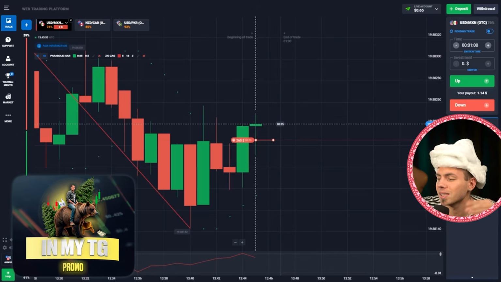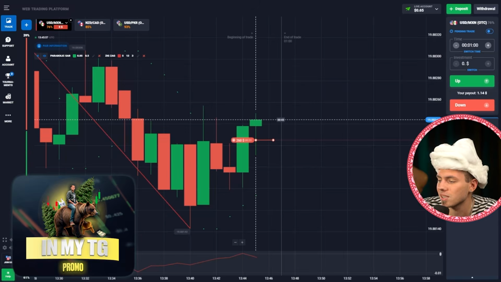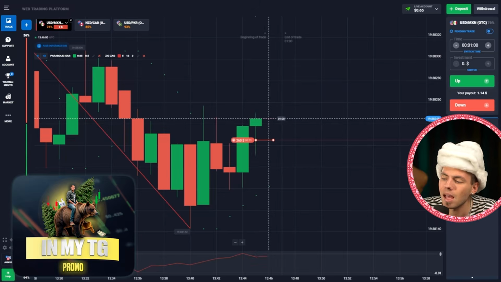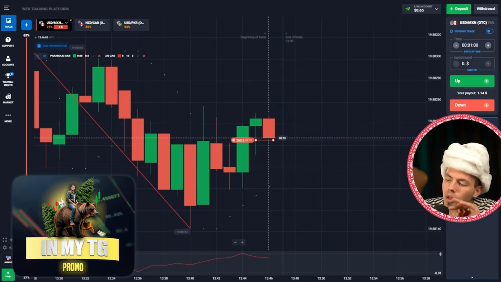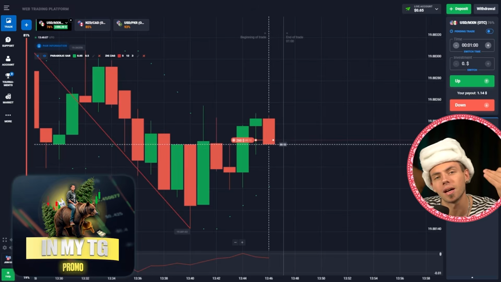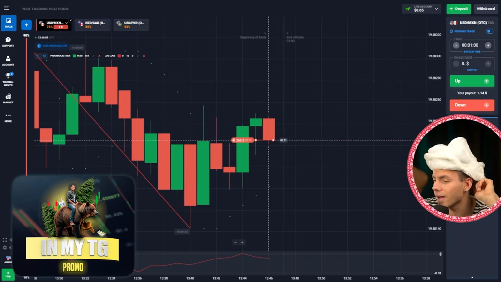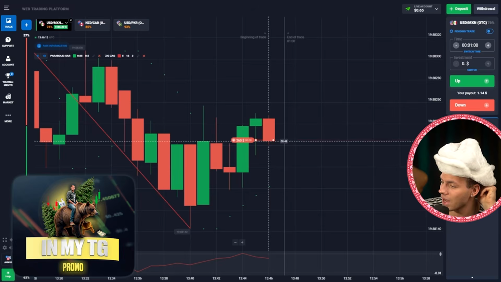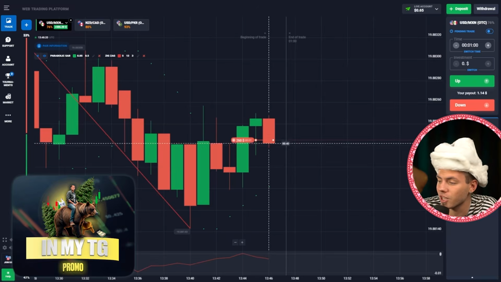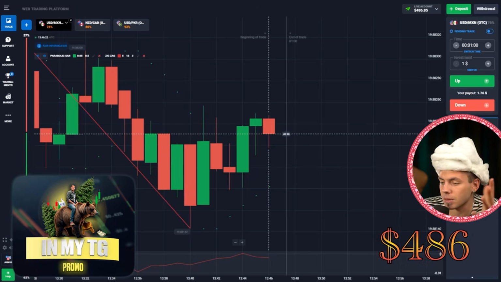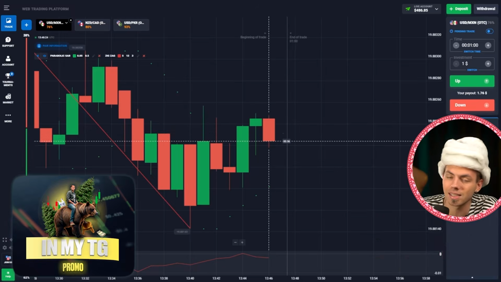Between these two levels we have a very strong resistance, which means the price can oscillate in between these levels, but definitely will not break out of the upper level of this range. This means we will see the option going down, the short option, and all we need is to be a little bit patient, guys. And yes, we got a trade closed for $186.